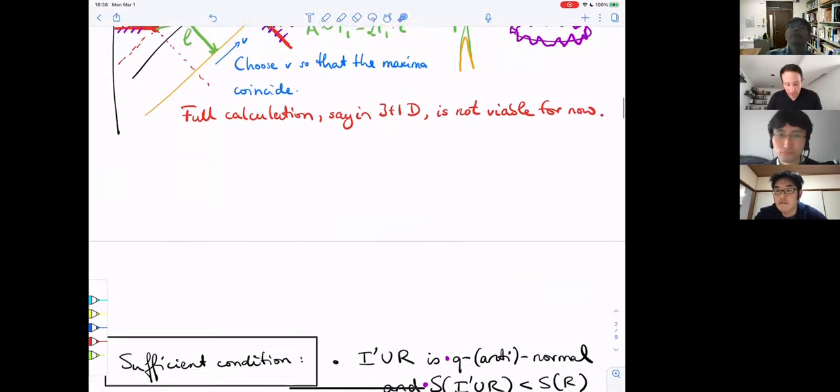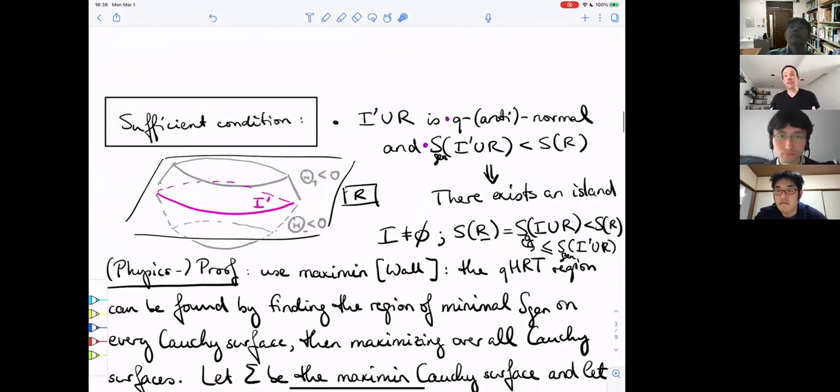And so here's our sufficient condition that's supposed to short circuit that. The goal of what we did was to say you don't need to find exactly extremized regions, which you'll never find because you don't know what the entropy is. It's enough to find regions which are either normal or anti-normal.